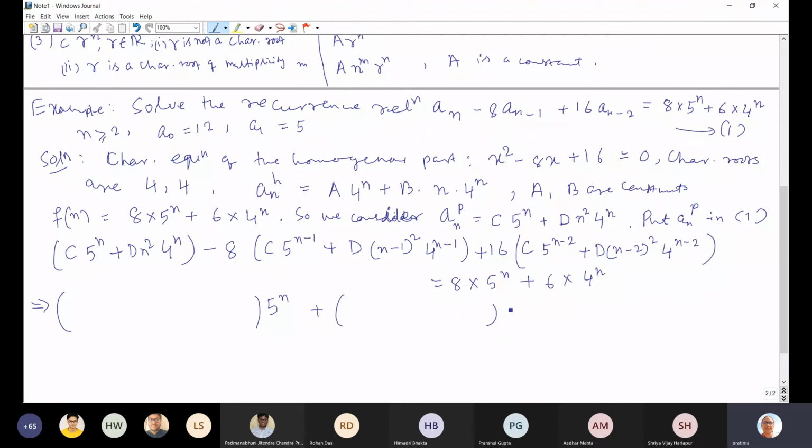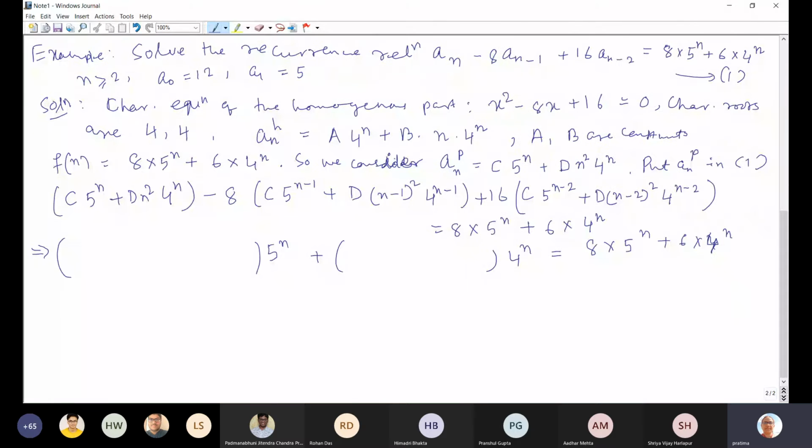You have to tell me. Once we obtain it on the left hand side, the coefficient of 5 to the power n will be equal to 8, and the second one, the coefficient of 4 to the power n, will be equal to 6. Can you compute this and tell me what you get?